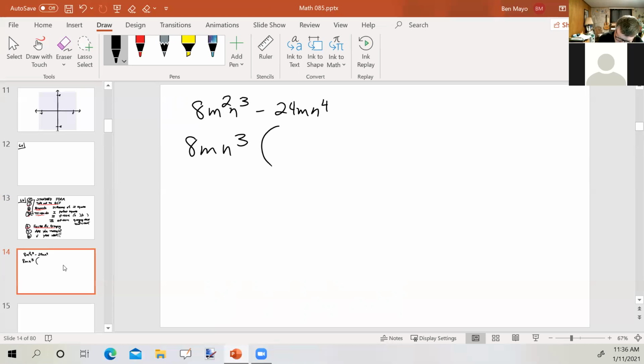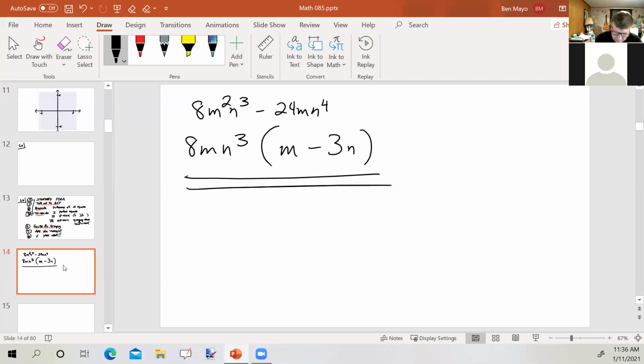So my leftovers would be m minus 3n. And that's all I can do. What's left over there is not the difference of two squares. So that's our final answer. Any question about that?